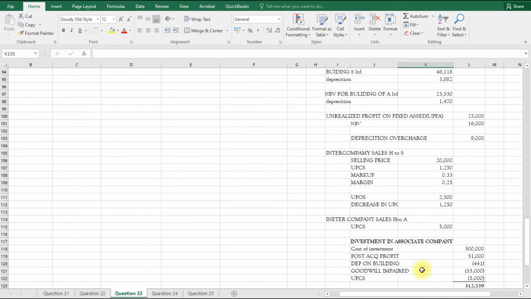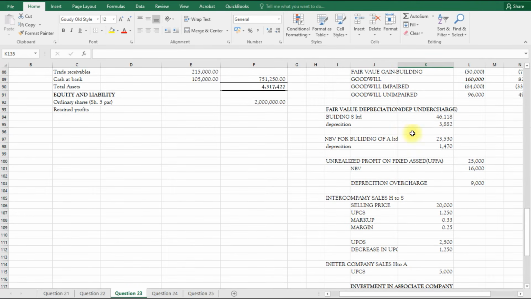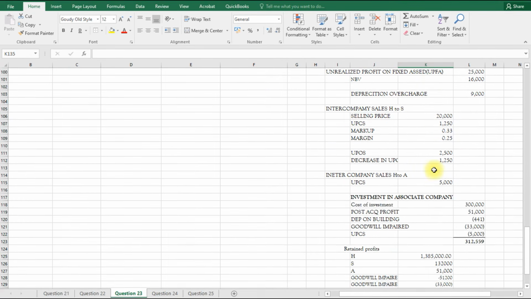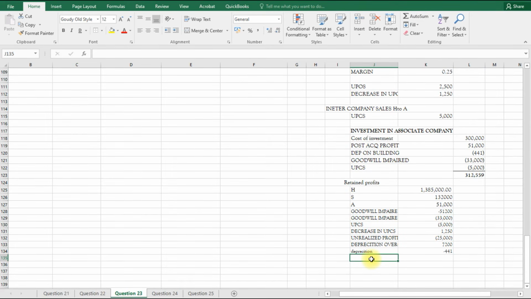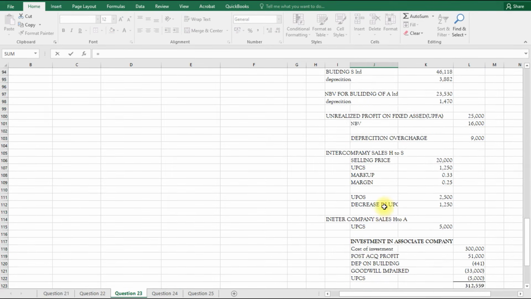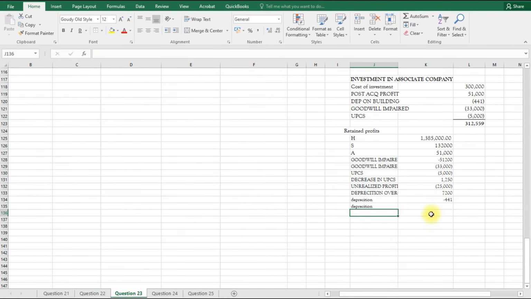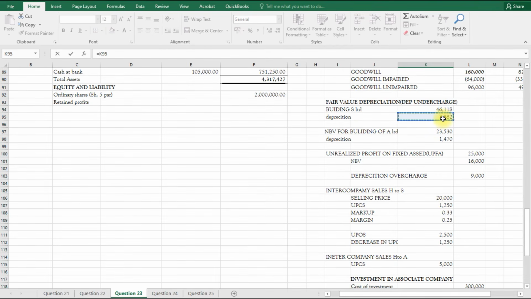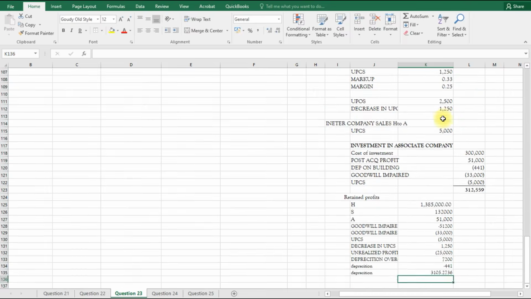So the other depreciation, yeah, we had this other depreciation. This depreciation will be equal to this one multiplied by 80%, our share, and we put minus, and just 2 decimal places to that.